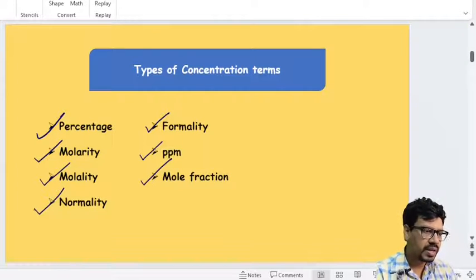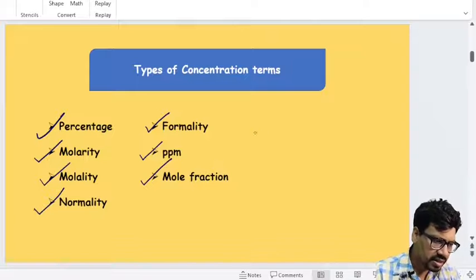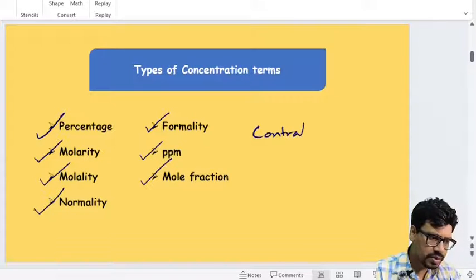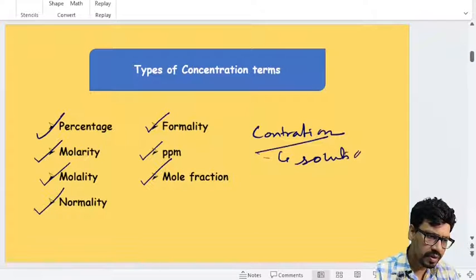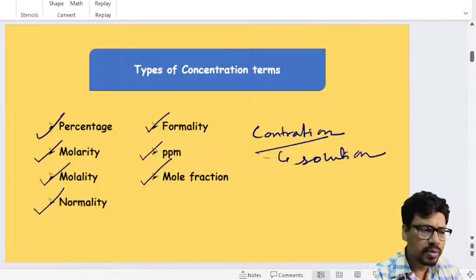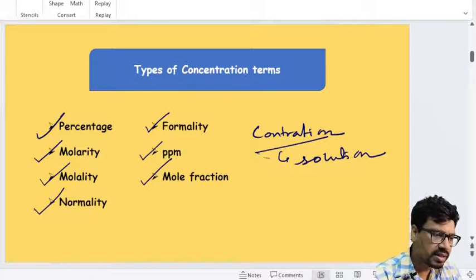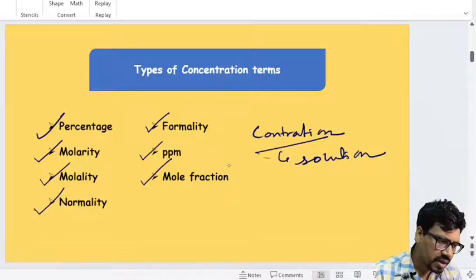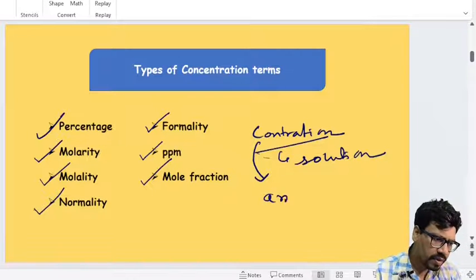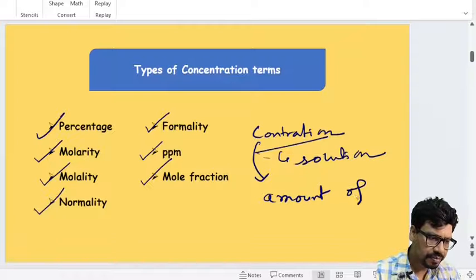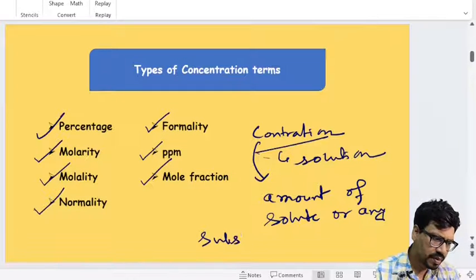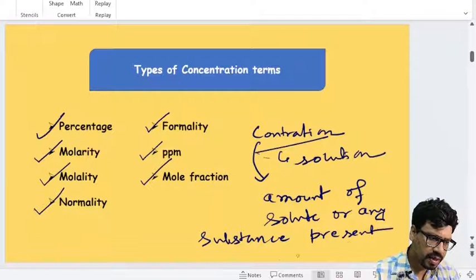Basically, concentration is used for a solution. Later, you will come to know that concentration is nothing but the amount of solute or any substance present in a mixture.